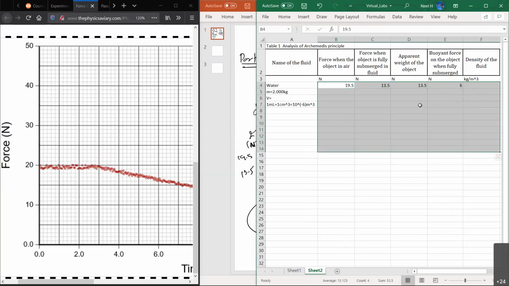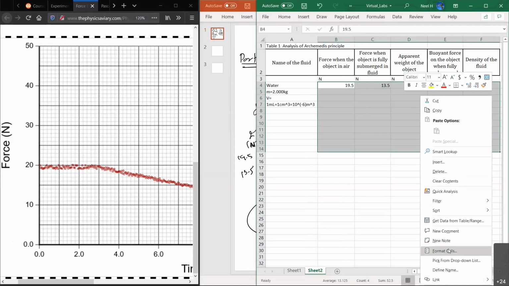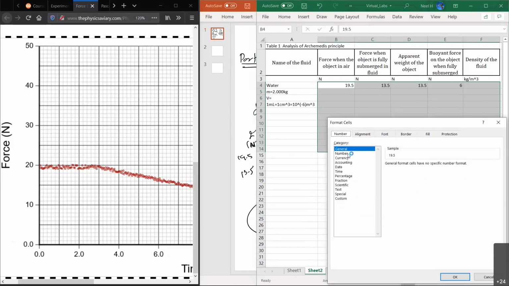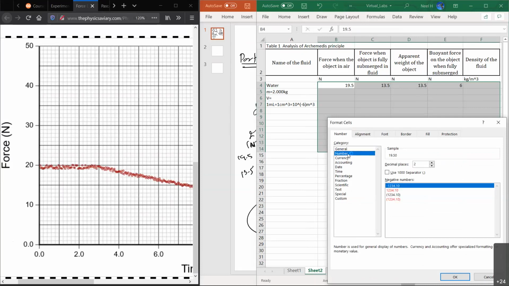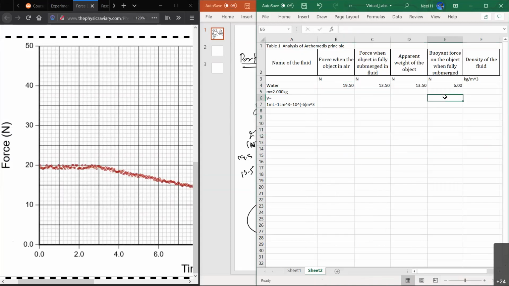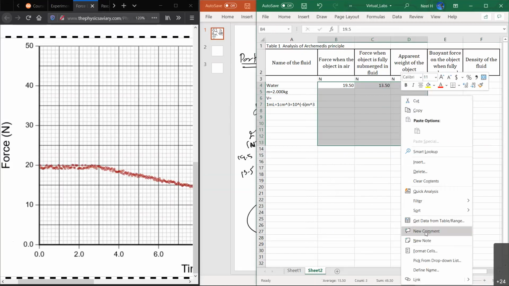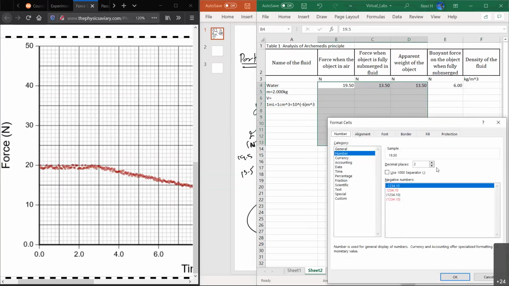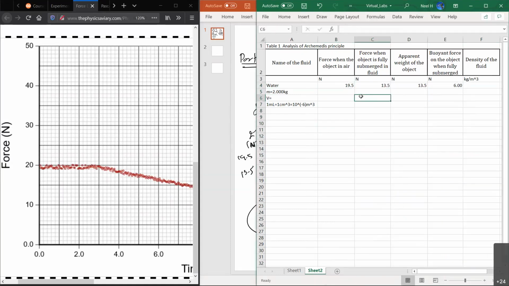Highlight, right click, format cells, put at least 2 more decimal places, and then it will show 3 significant figures. This is important for 3, but these I need only for 2, so I have to reformat every cell accordingly. This I need only for 1 decimal place. So now you have 3 significant figures on this row.